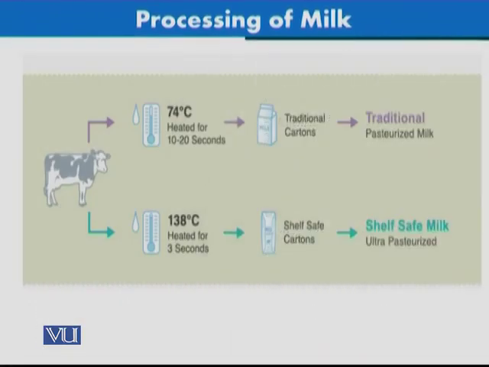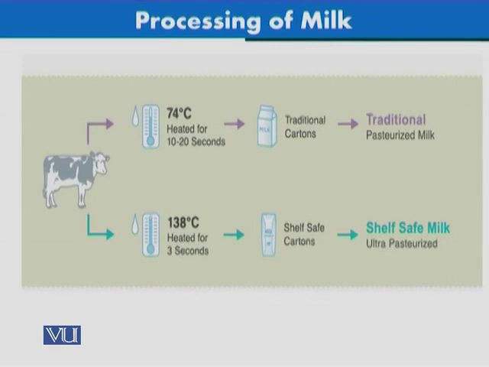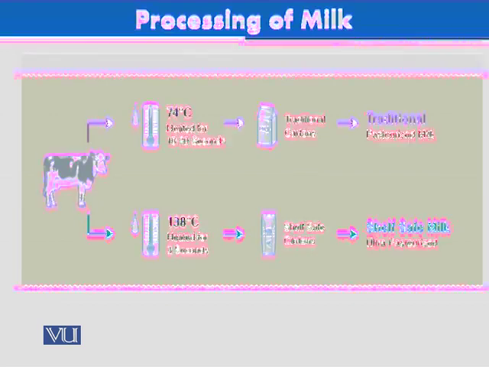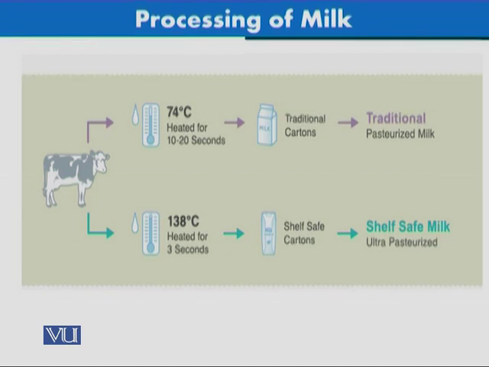If you look at these two approaches, where milk is heated at 74 degrees C for pasteurized milk, you can have traditional cartons or pouches. The other approach is very high temperature, like shown here, 138 degrees C for 3 seconds. You can have shelf stable cartons. These shelf stable cartons would have a very long shelf life of more than 1 year.